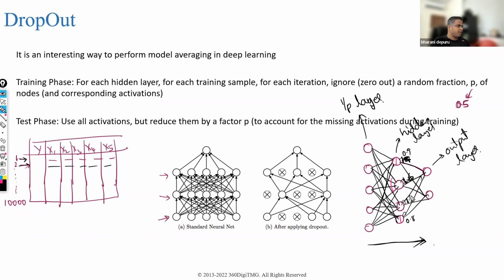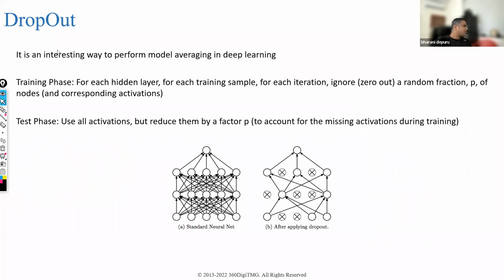If you make this half, it becomes 1.2. If you make this half, it becomes 0.4. So use all the activations, but reduce all of these by a factor 0.5. Okay, that's it. That's how it works. Okay, that is how your dropout works. It happens to be a very good regularization technique.